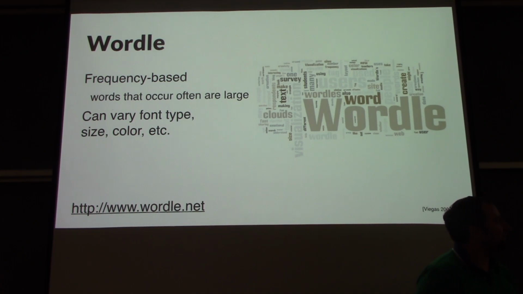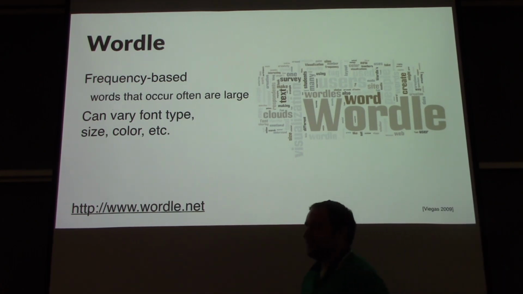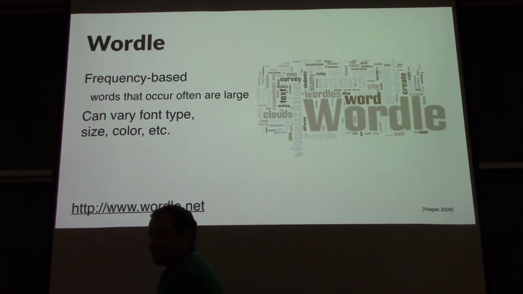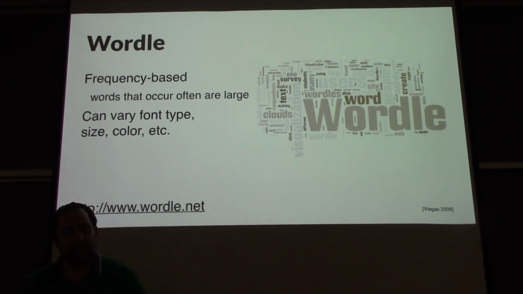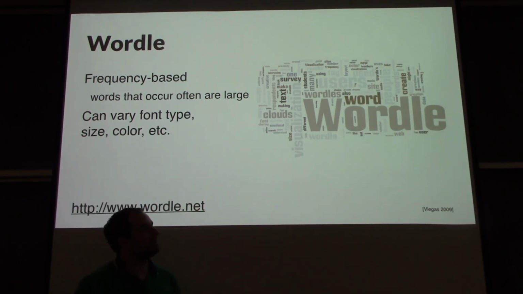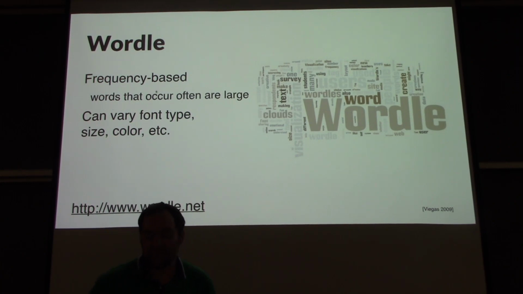A Wordle is essentially just word counting and then rescaling a word based on its frequency. You've probably heard of tag clouds. A Wordle is a variation of a tag cloud. Words that occur often are shown large, and then you can vary font type, size, color, and so on.